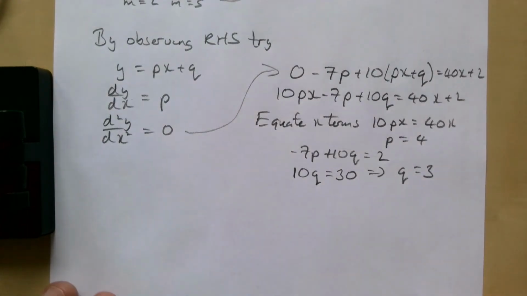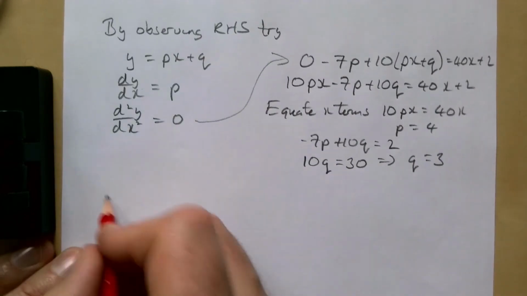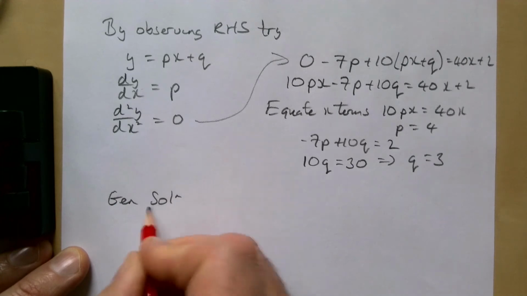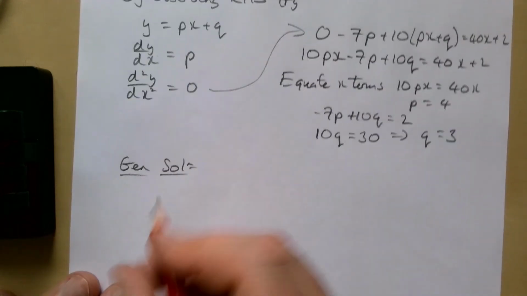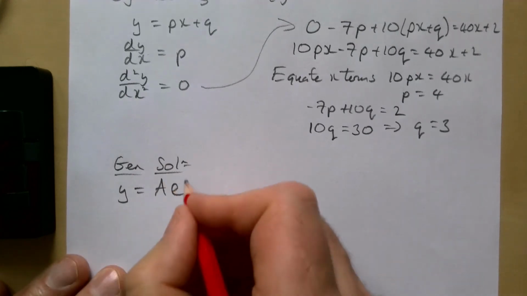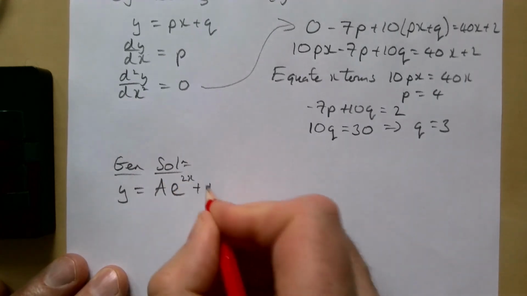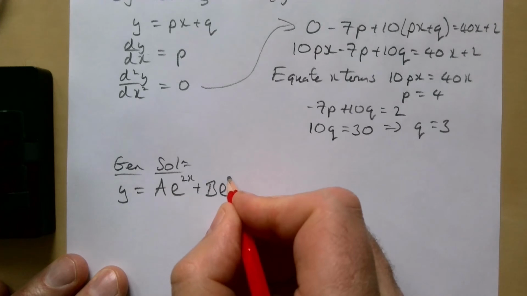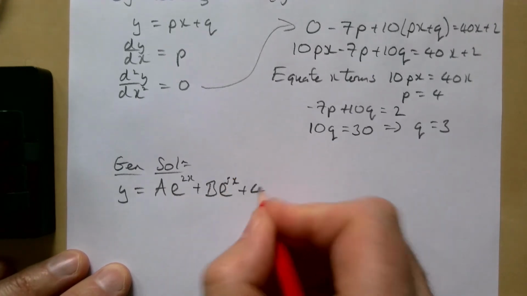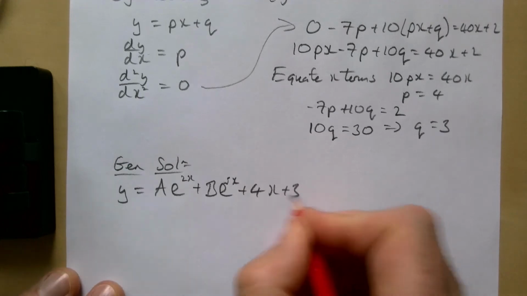So that means my general solution is going to be y equals a e to the 2x plus b e to the 5x plus 4x plus 3.